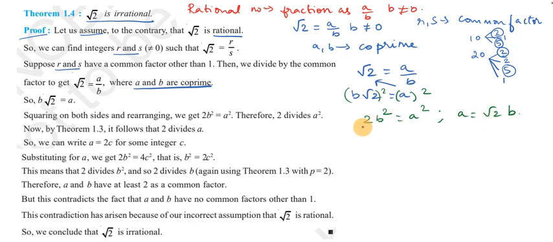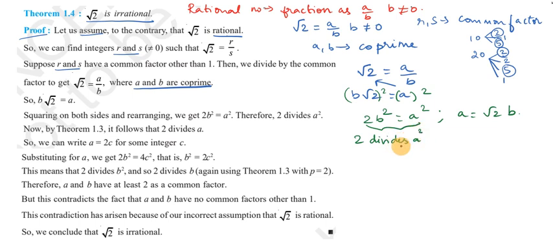We've already learnt in theorem 1.3 that when p is a prime number and p divides a square, then p divides a. So from this you can draw a conclusion that 2 divides a square.